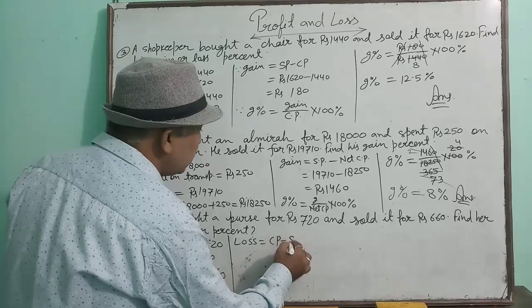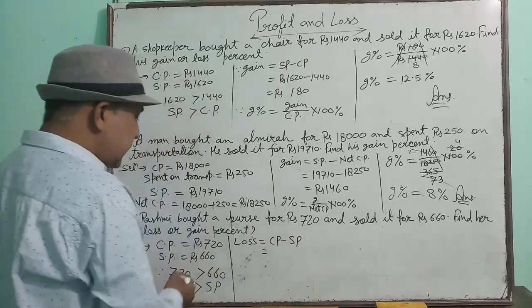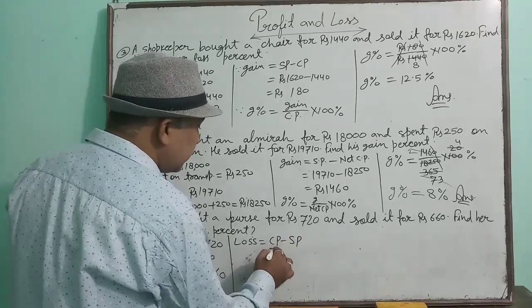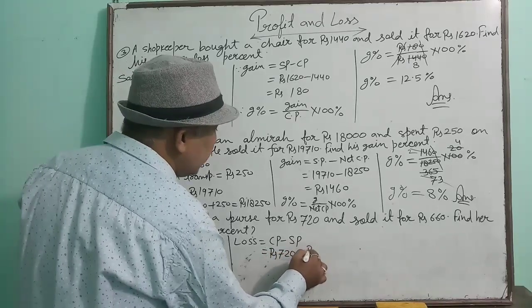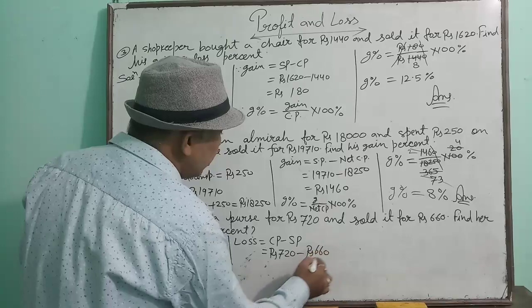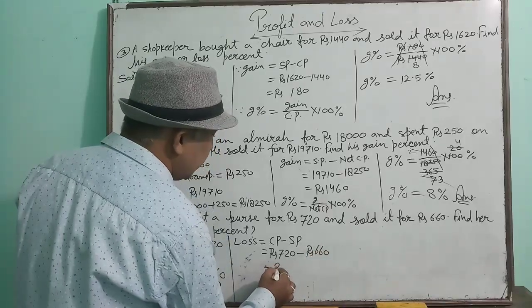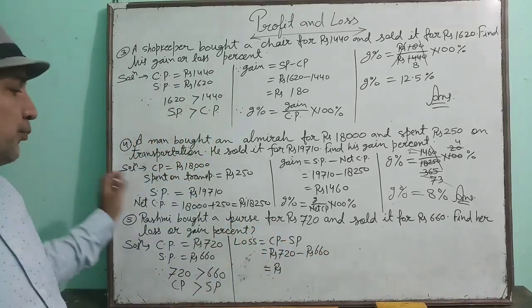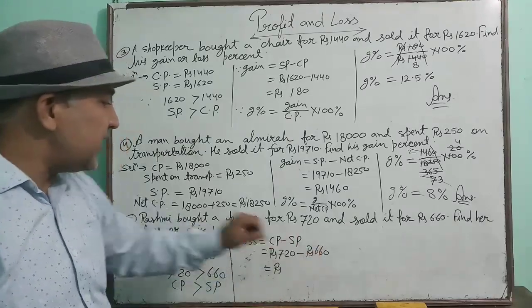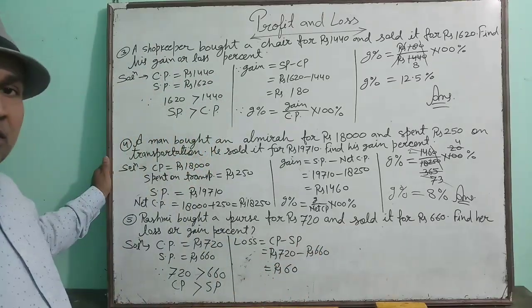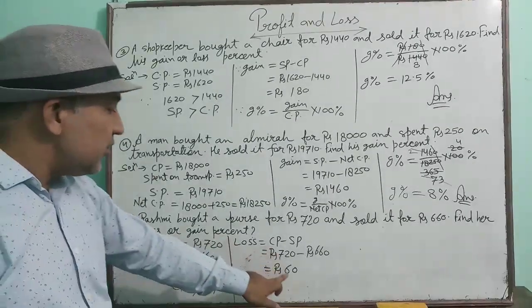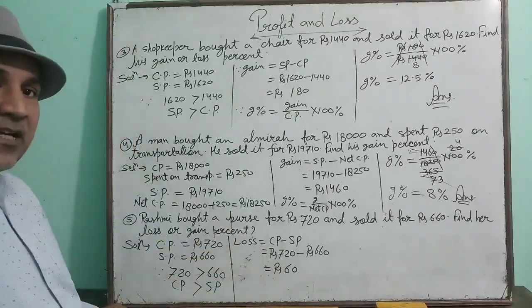And loss is equal to cost price minus selling price. That means rupees 720 minus rupees 660. Now subtract it. 720 minus 660 is equal to 60. So we are getting a loss of 60 rupees.